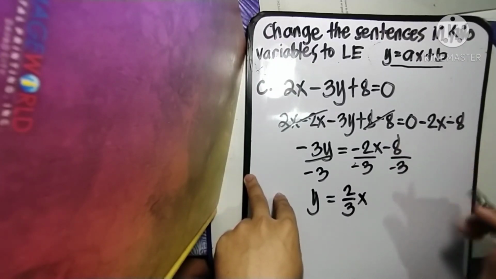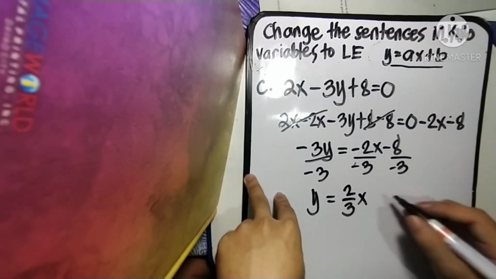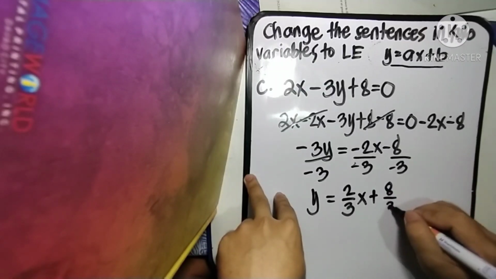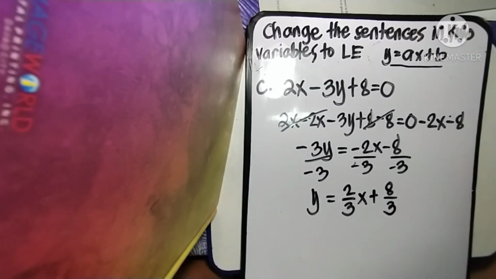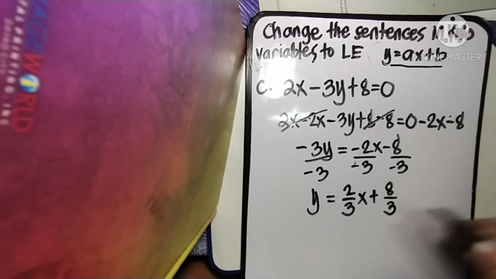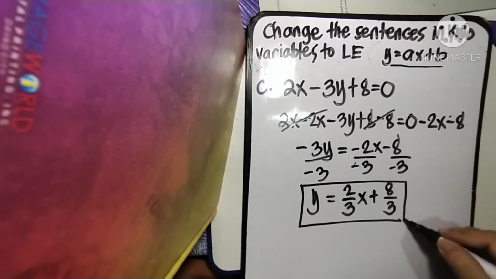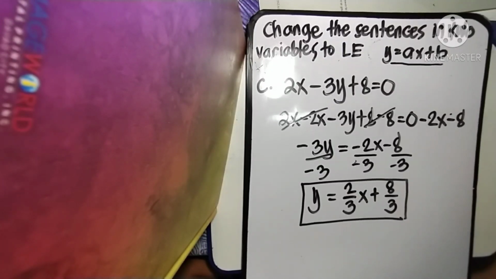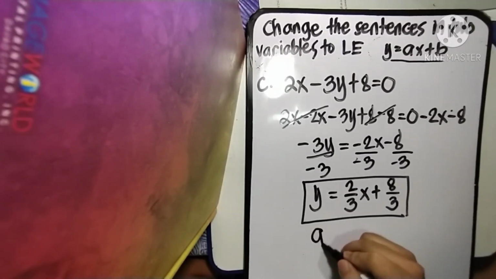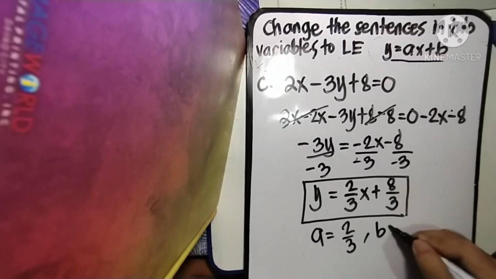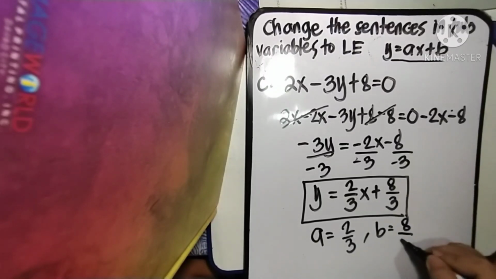Negative 8 divided by negative 3 is positive 8 over 3. Okay, so this is now the linear equation of the form y is equal to ax plus b, where our a is equal to 2/3 and our b is equal to 8 over 3.